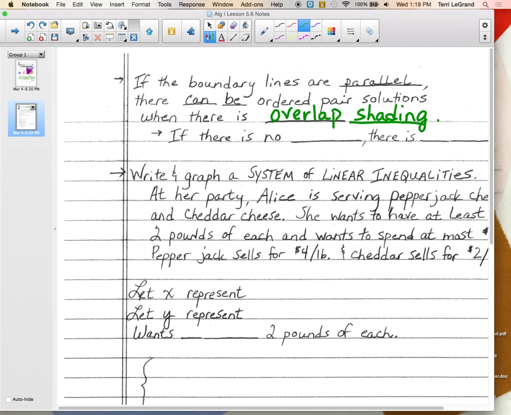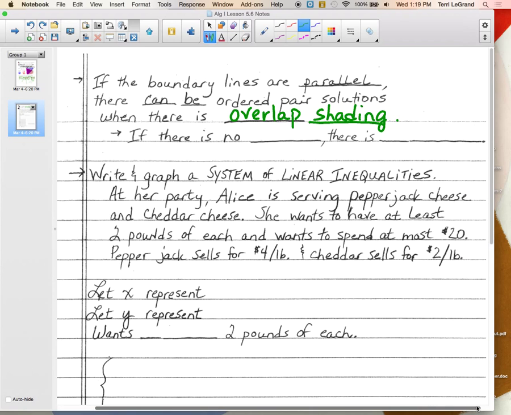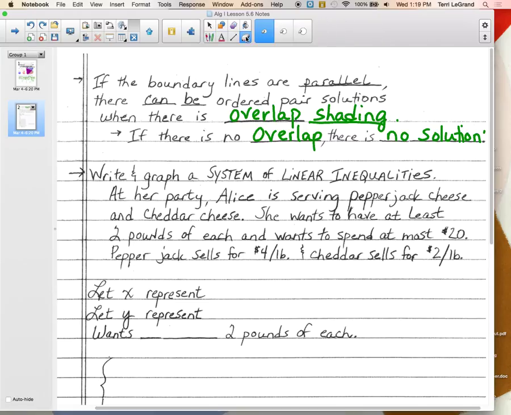When there is no overlap, there's no solution. They don't have any points in common, because they don't have the same shaded regions on top of each other. So there are 3 different possibilities of what can happen when you're working with parallel lines.